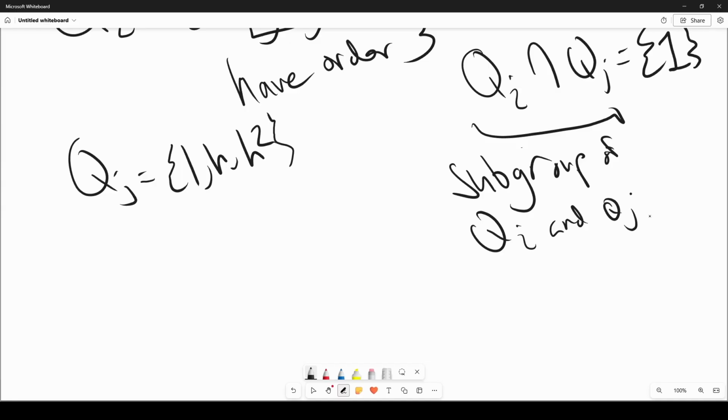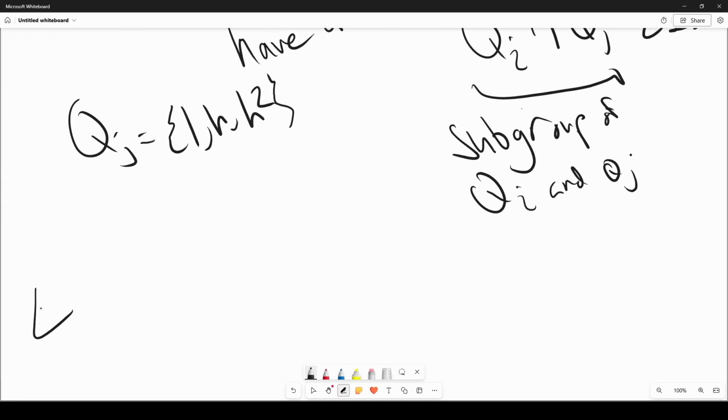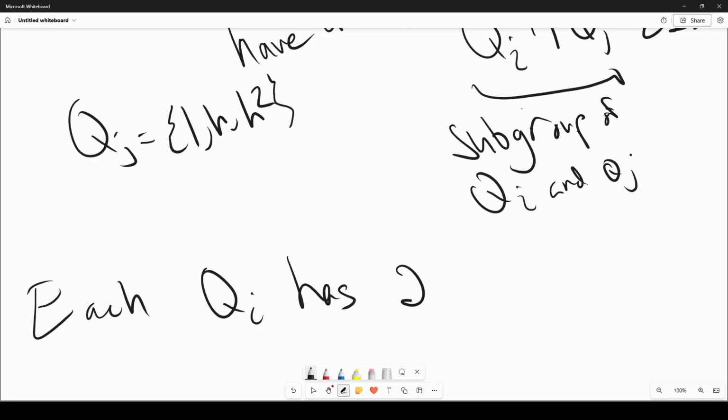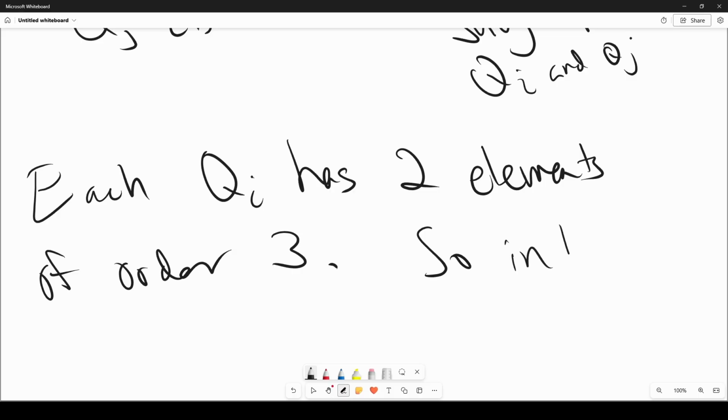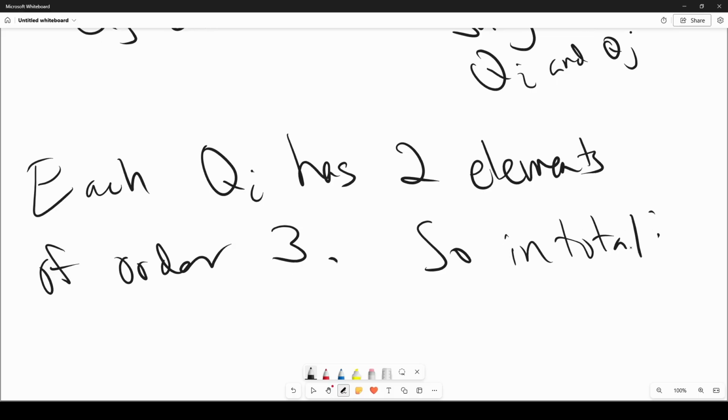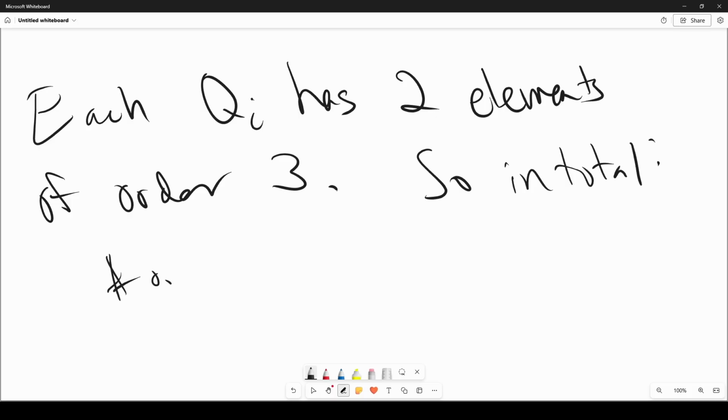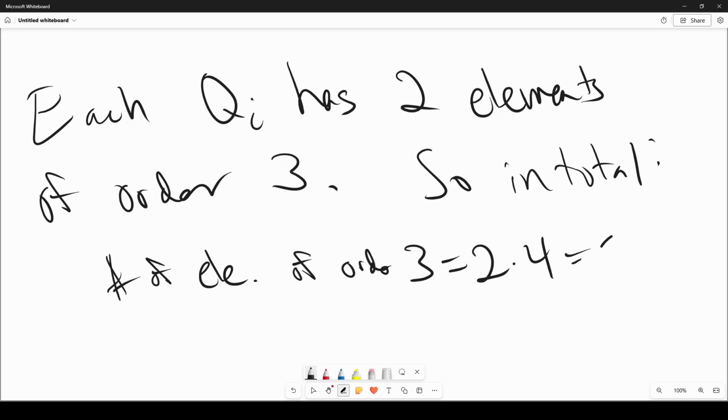So in total, I find that each qi has 2 elements of order 3, so I get 2 times 4 equals 8 elements of order 3.